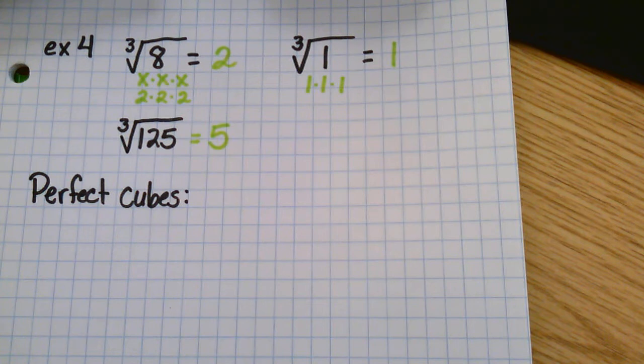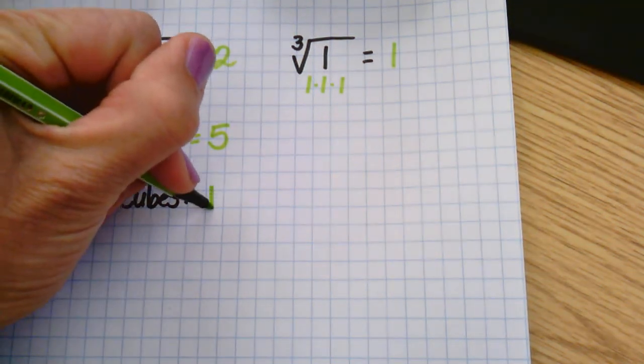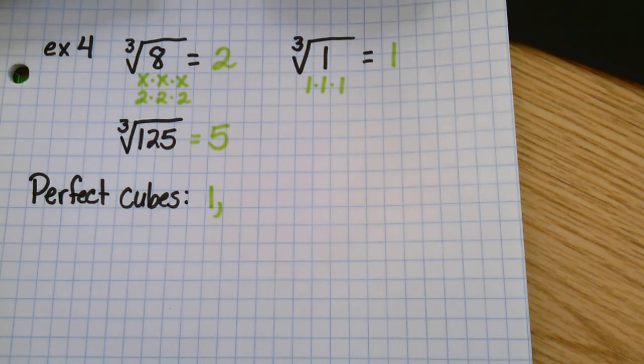Okay, let's finish off our lesson by making a list that we can refer to of perfect cubes. So to start off our list, if we multiplied 1 times 1 times 1, as we did up above in the example problem, we know that the product or the answer would be 1.